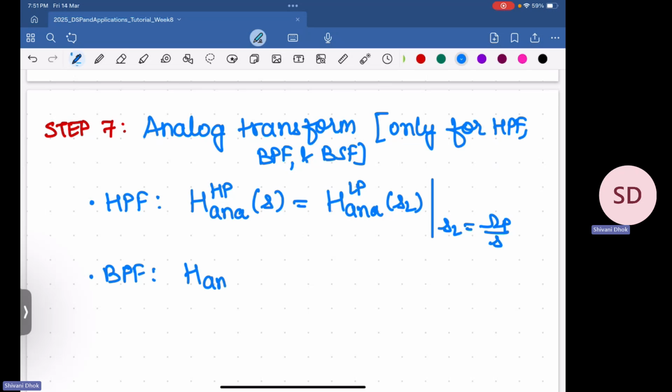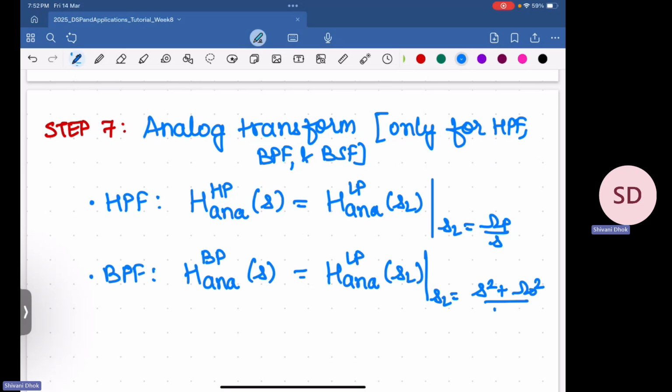H analog of band pass of S is given by H analog of low pass of SL, or rather this transfer function evaluated at SL equal to S square plus omega naught square by Bs.